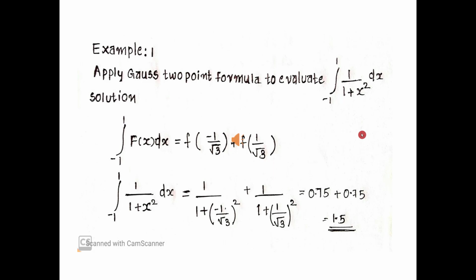Since the limit is from minus 1 to 1, we can use the simplified formula, which is integral minus 1 to 1 f of x dx is equal to f of negative 1 by root 3 plus f of positive 1 by root 3. Now by solving, we get f of negative 1 by root 3 and f of positive 1 by root 3 are both same, which is equal to 0.75. Then by adding the 2, we get the final value as 1.5.